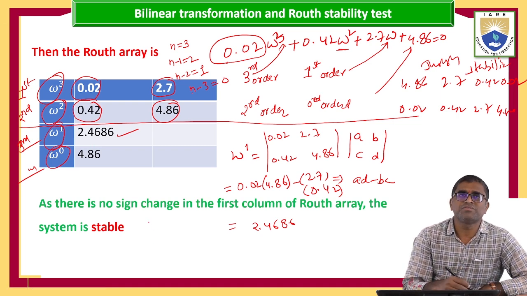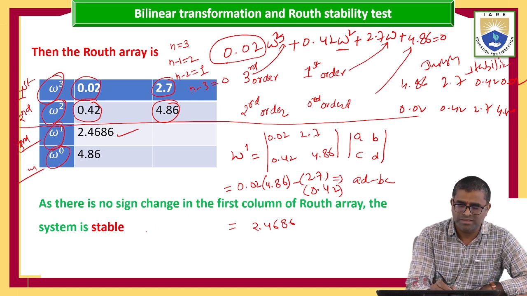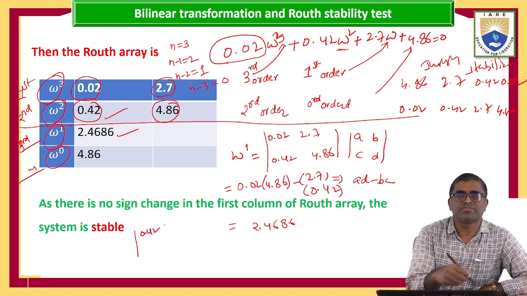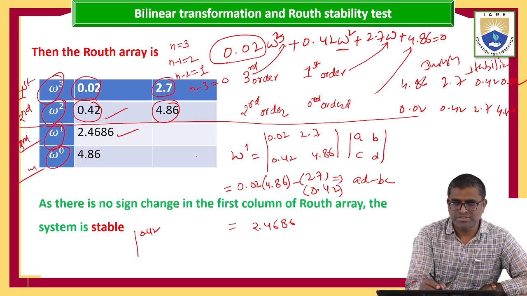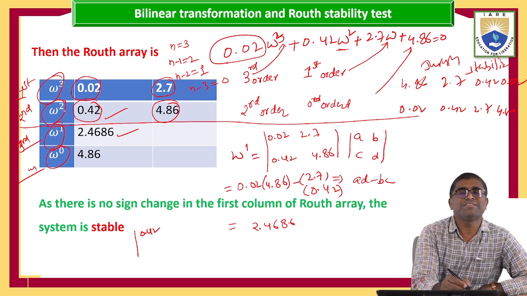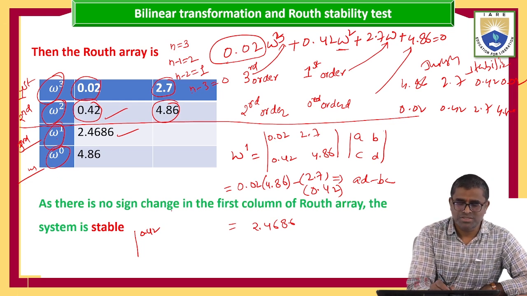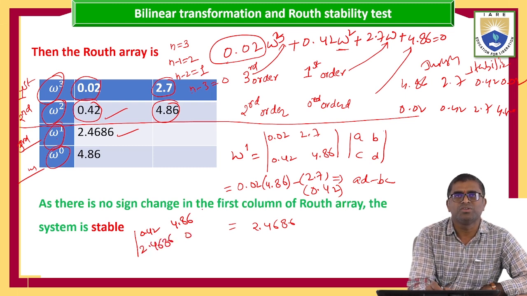What is the basic reference matrix here? Above two rows: 0.42, 4.86, 2.4686 and 0. Find out AD minus BC.